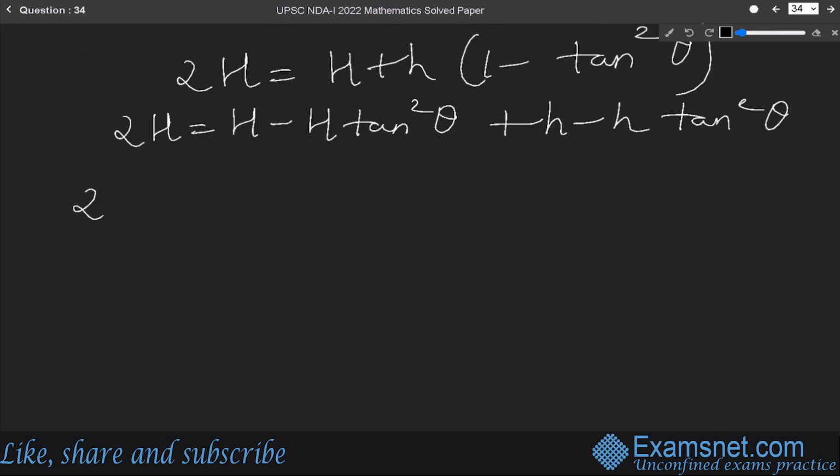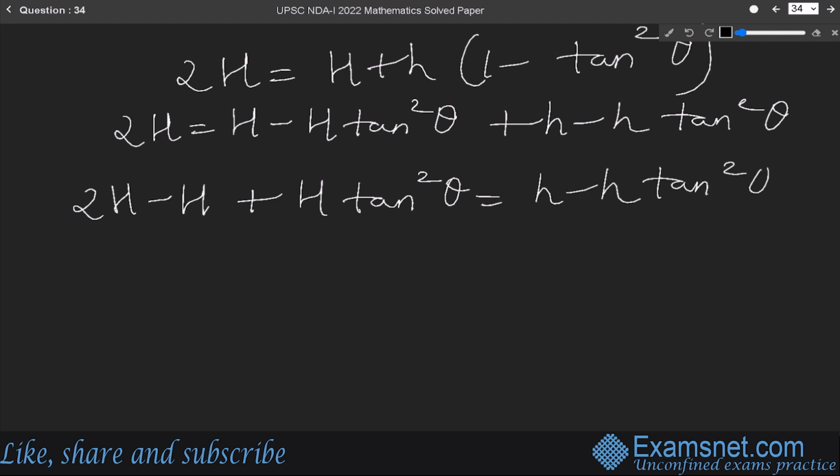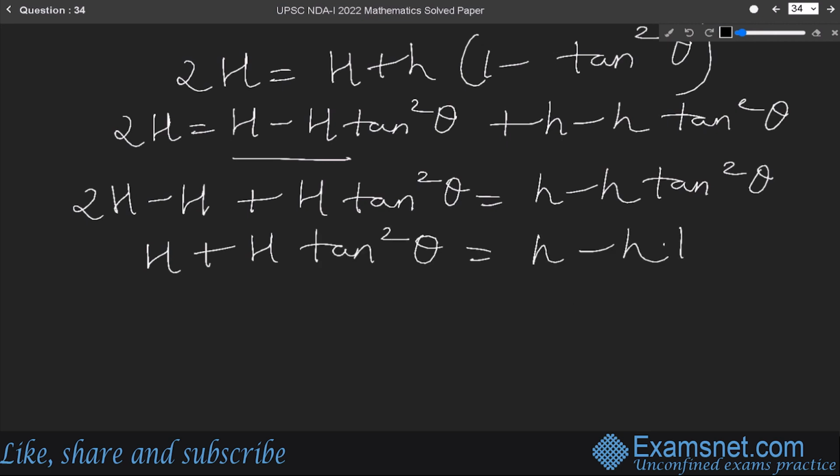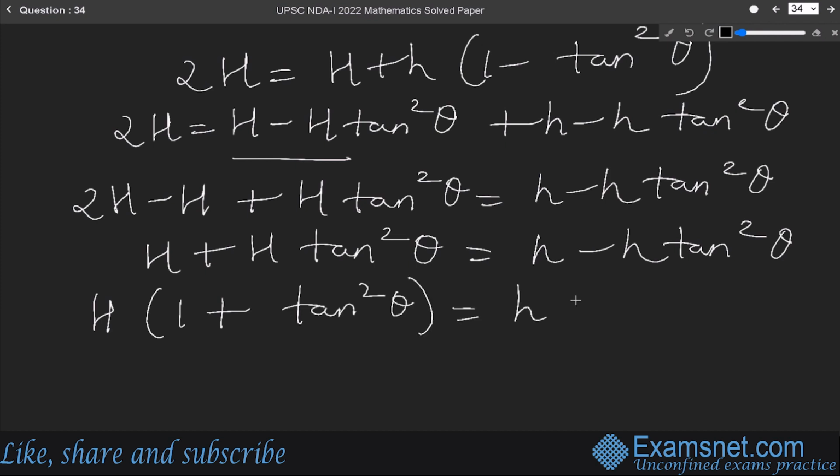Again, next step will be 2h minus h plus h tan square theta is equal to h minus h tan square theta. What we have done is we have taken the capital H on one side and the small h on the other side. So h plus h tan square theta is equal to h minus h tan square theta. Now we can take common h. So when I take common, I will get h, then in bracket 1 plus tan square theta is equal to h into 1 minus tan square theta.